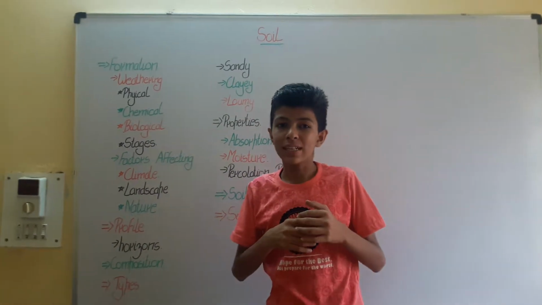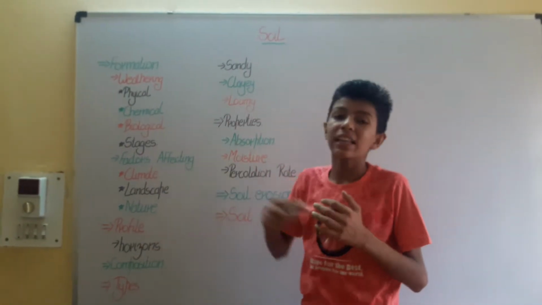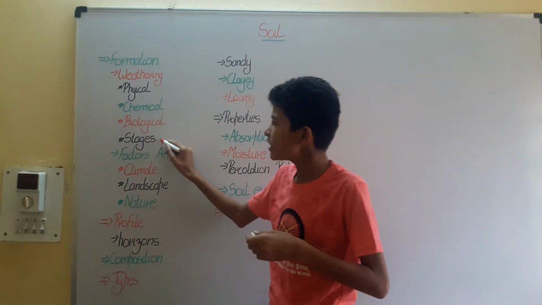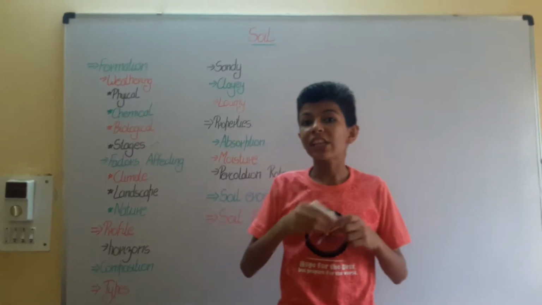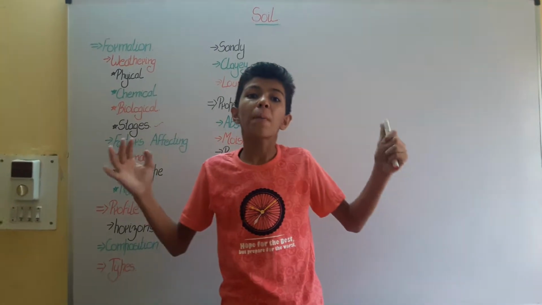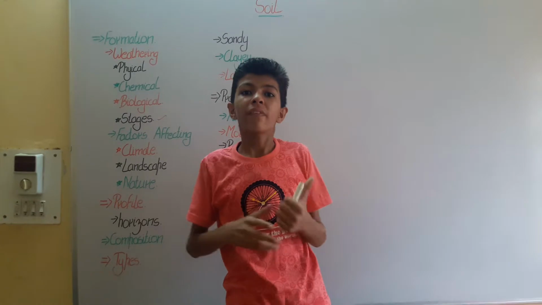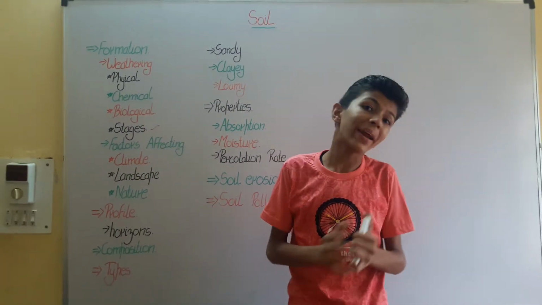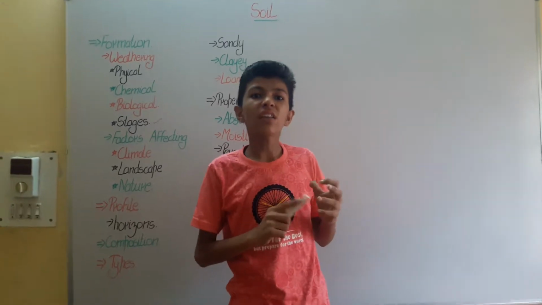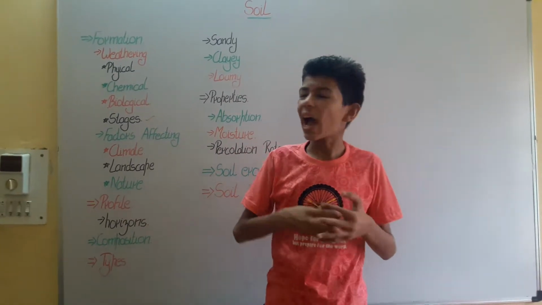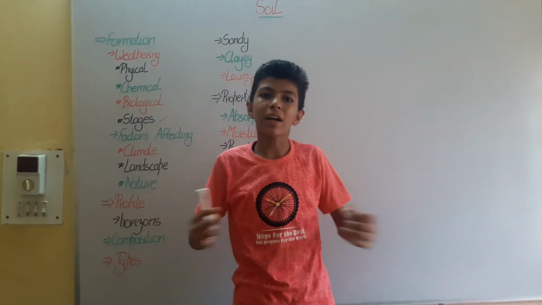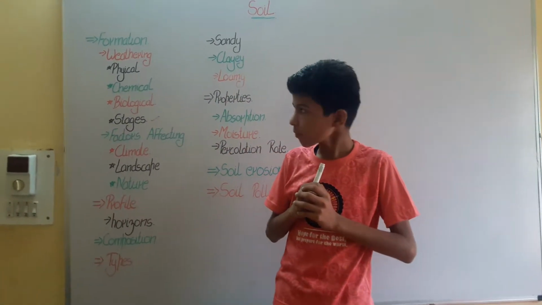So soil goes through weathering in different stages. Let's move to the stages. There are three major stages. First, when the rocks were huge and not broken down, that was called the first stage. They were big, huge clumps of rocks.